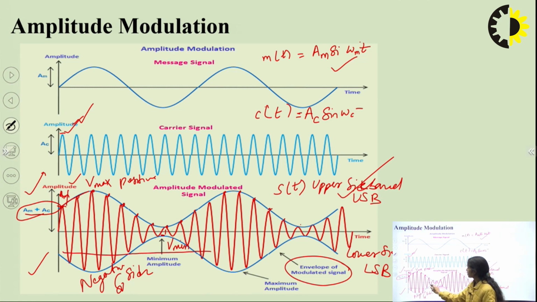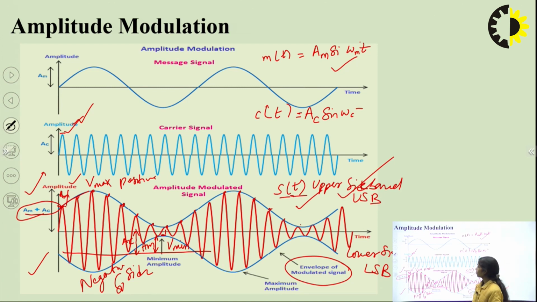This is my AC, and from this AC I have to subtract AM, then only I will get the minimum amplitude. So this is the amplitude modulated wave obtained from the amplitude modulation process, which can be represented as s(t).